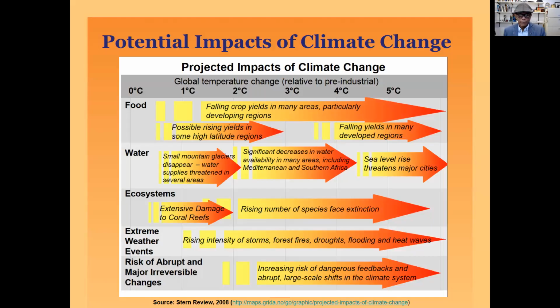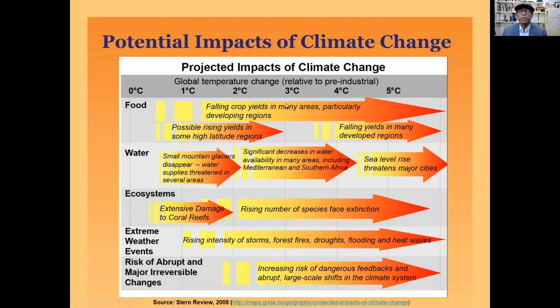On top of that, we have climate change. As you all know, that is a major threat to a lot of the things we depend on: food, water, ecosystem, and many extreme weather conditions. This slide depicts how, with each degree of temperature increase, our problems will become more severe in terms of food, water, and ecosystem.